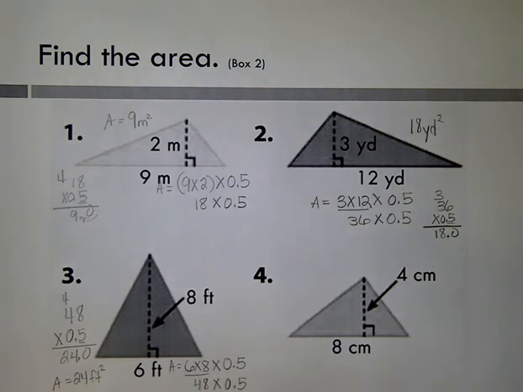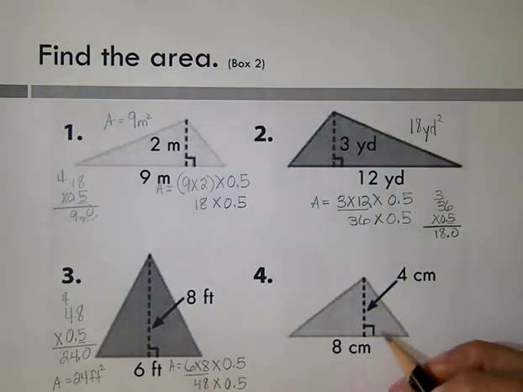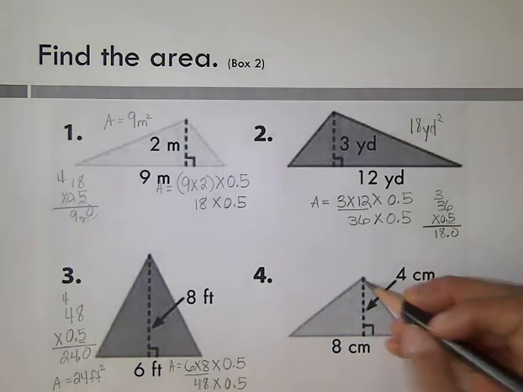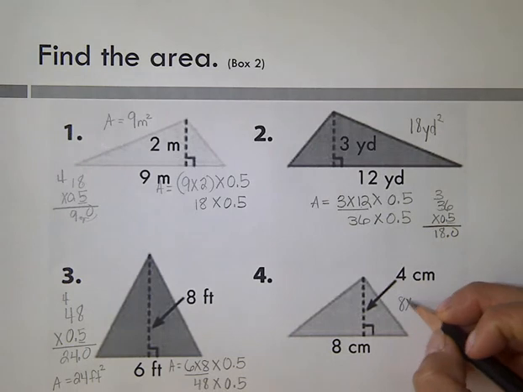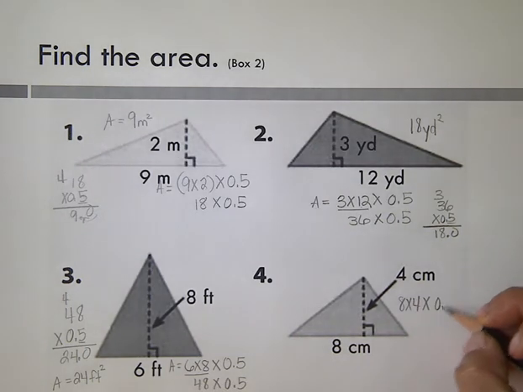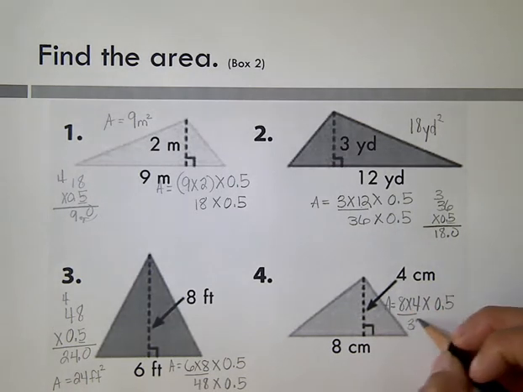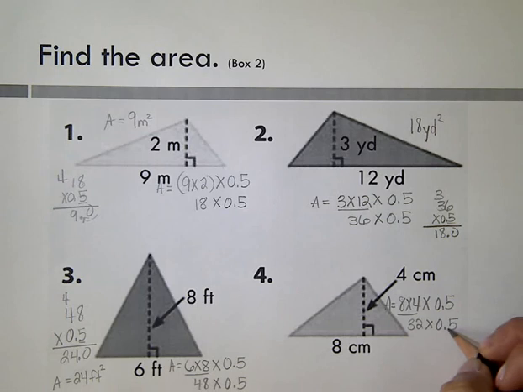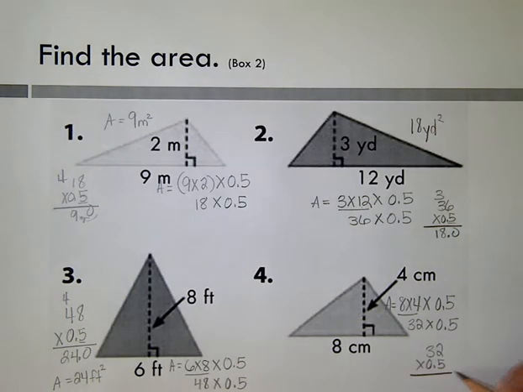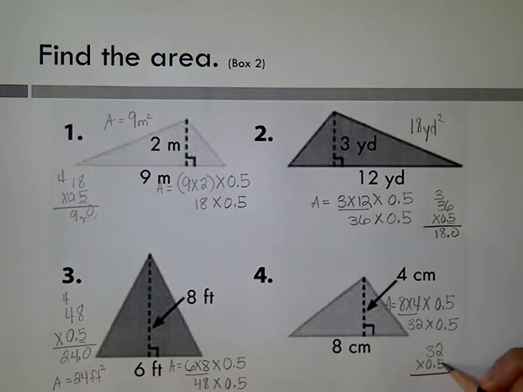Okay, the last one we're going to do together. I see that my base is 8 and my height is 4. So it's 8 times 4 times 0.5. So 8 times 4 is 32 times 0.5. 5 times 2 is 10.